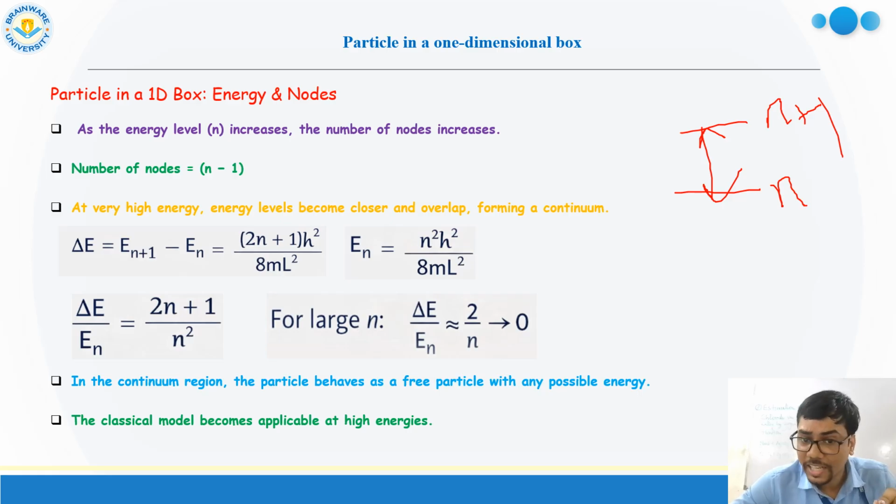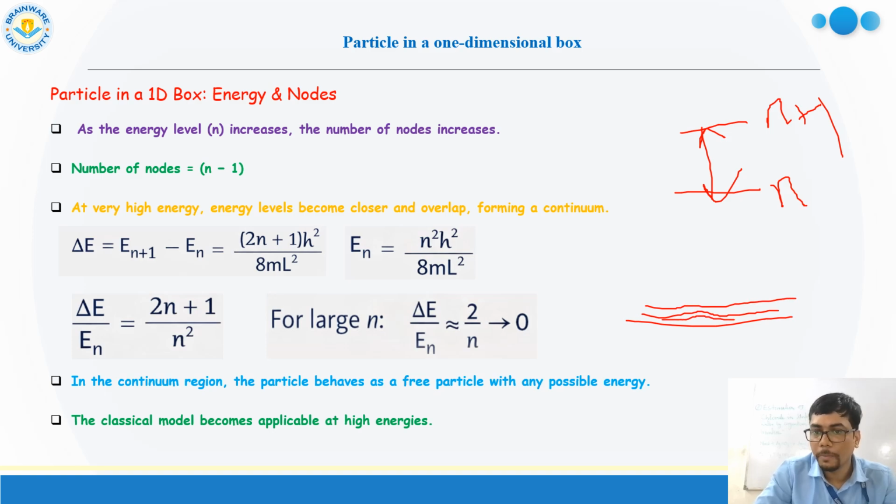As n is very large, 2 by n tends to a very small value, or tends to 0. What is the meaning of that? Delta E by En, the relative spacing, is very small. That means at higher n value, the energy levels are very close to each other, almost continuous in nature.